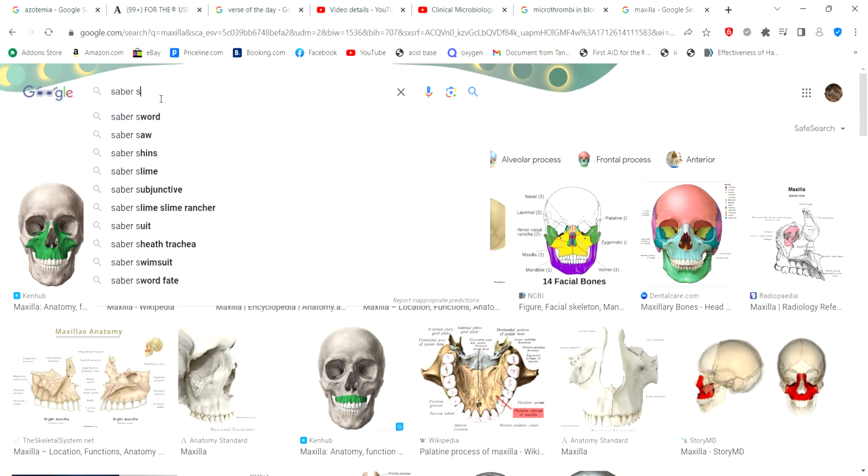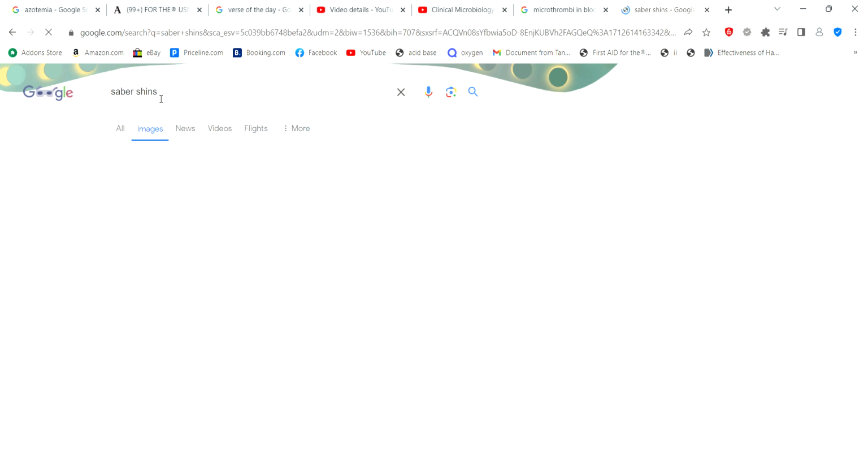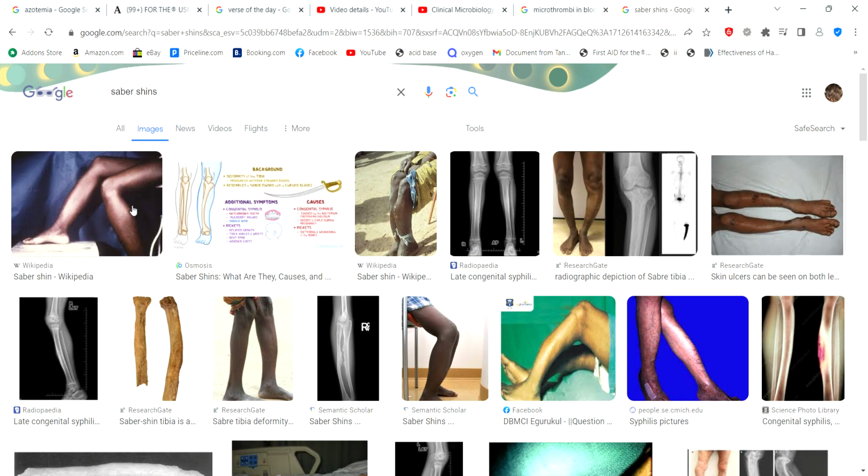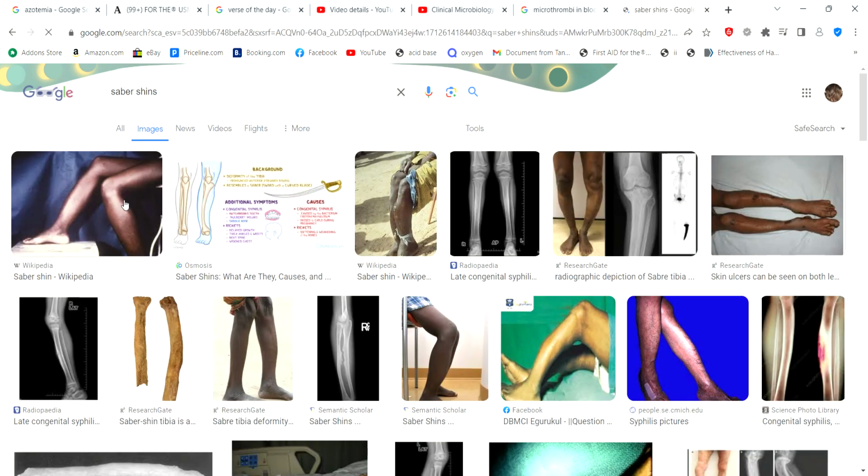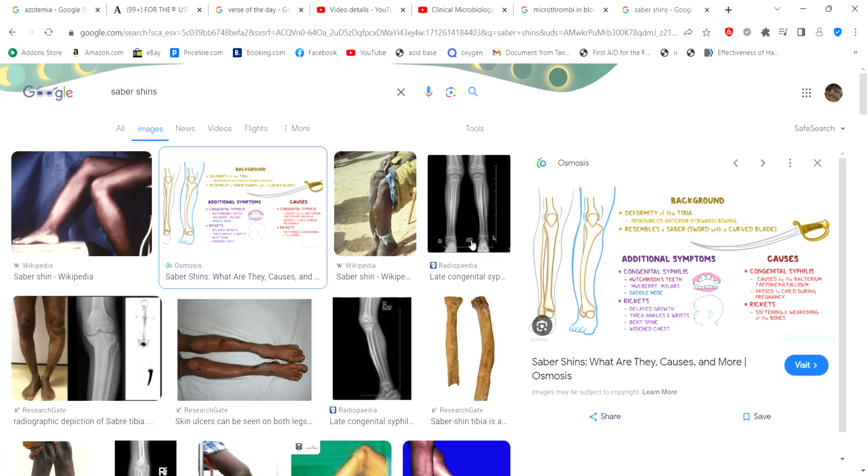Saber shins, what is that? This is when your tibia is deformed, presenting with anterior bowing of the tibia. See this? Deformity of the tibia, anterior forward bowing.